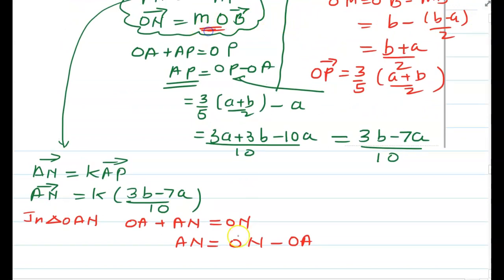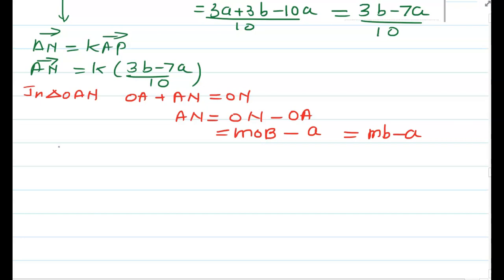I have taken M times OB, so it will be M times OB minus OA. OA is A and OB is B, so MB minus A. So we have got AN equal to MB minus A.